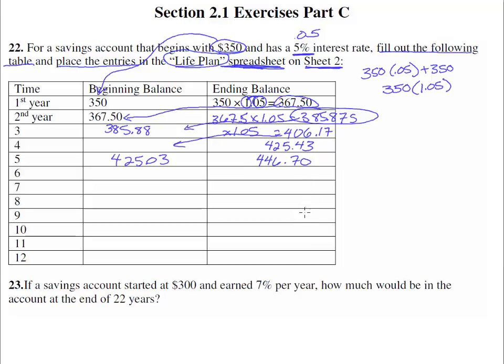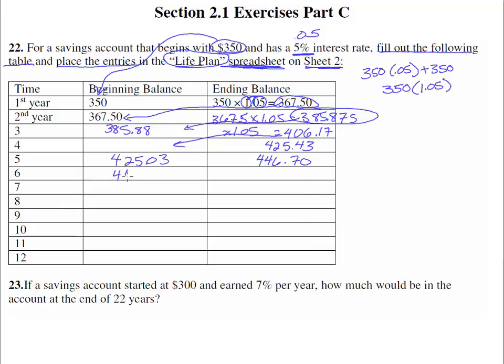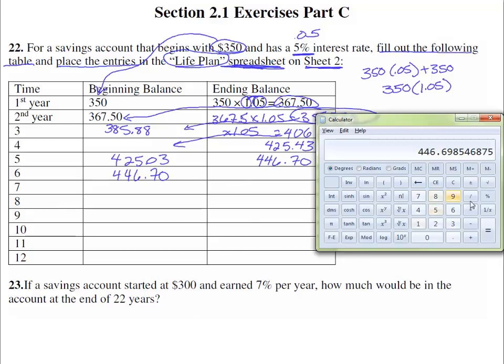So 446.70. Now, you'll notice I don't retype in this rounded number right now because if we round once and then round again and round again, by the time we get to the end, we'll be a little bit off. So that's why I am keeping all of the numbers in the calculator. Let's bring the calculator up and times by 1.05 again, and we get 469.03.